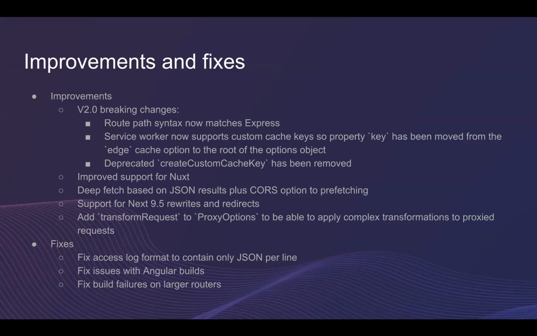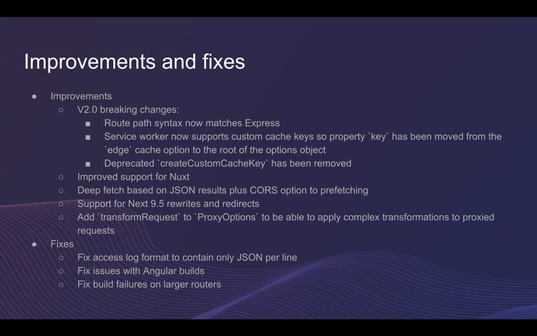Where we used to define the custom cache key only for the edge, now it's defined for the edge and service worker, and these have to have the same custom caching keys. So they are now defined at the top level of the root of the options for the caching. We deprecated create custom cache key a long time ago, and that has now been removed.